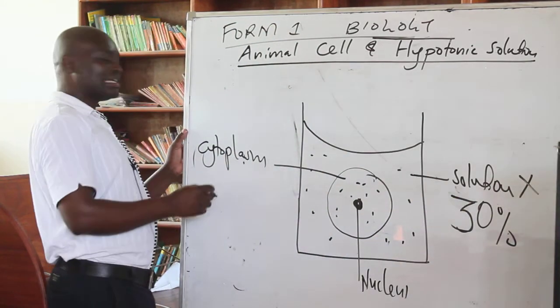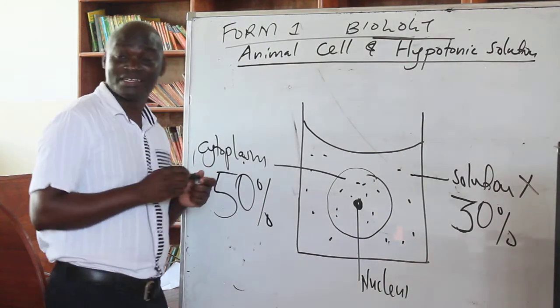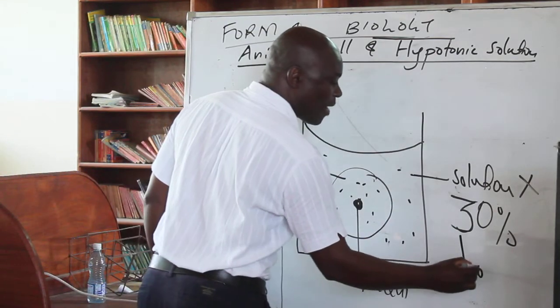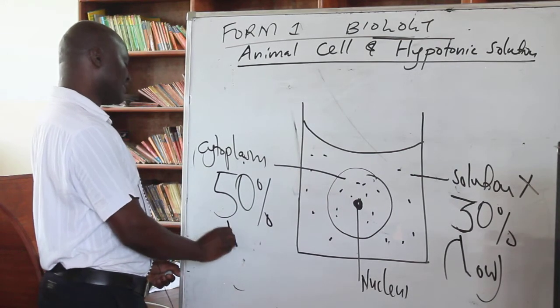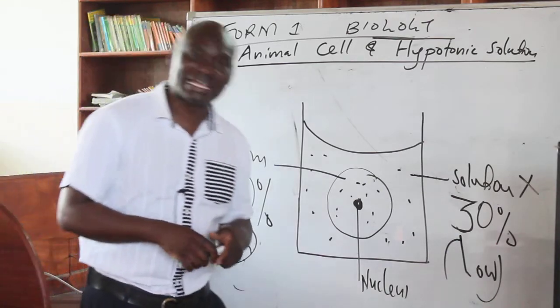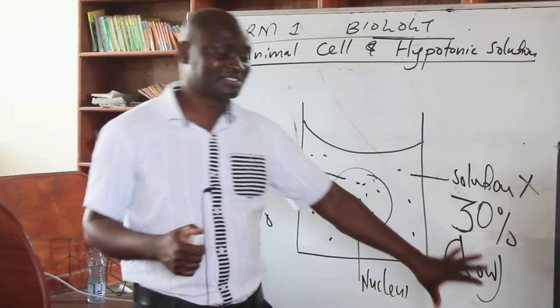And then the cytoplasm, let's take the cytoplasm is 50%. So this one is lower, low concentration, and this one is higher. The solution inside the cell, that is the cytoplasm, has a higher concentration than the solution in which the cell is placed.